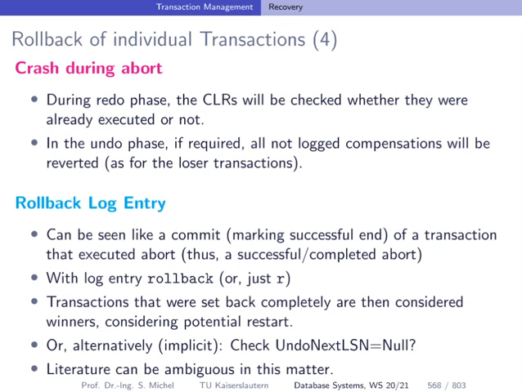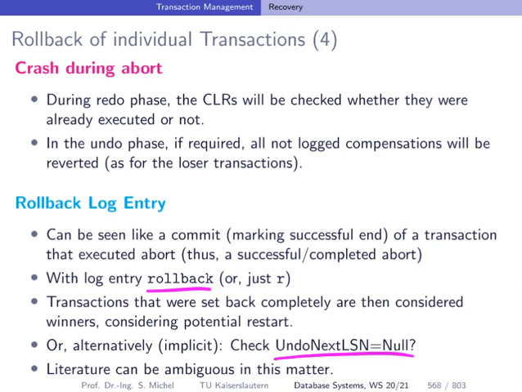So you can write down a log entry rollback for such successful rollbacks. So they are not losers in the sense of the definition of losers and winners as discussed in the beginning of this chapter. On the other hand, it doesn't really matter if you're writing down this information, because you will see anyway for those that were successfully undone that the undo next LSN pointer is null.